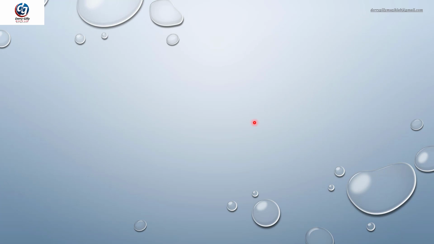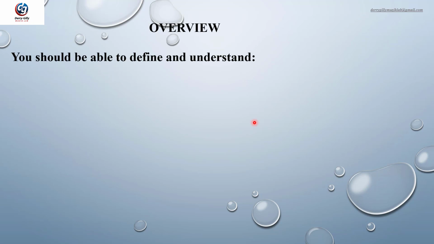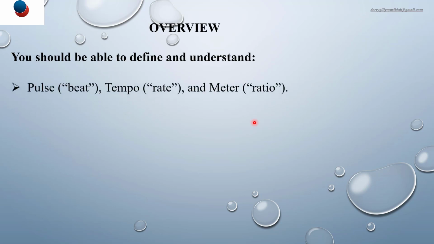So the overview of the whole thing: you should be able to define and understand a pulse, which is in relation with beats, the tempo in relation with the rate or the speed, and the meter in relation with ratio.